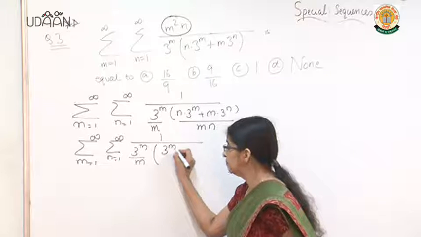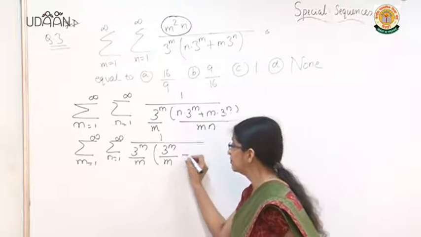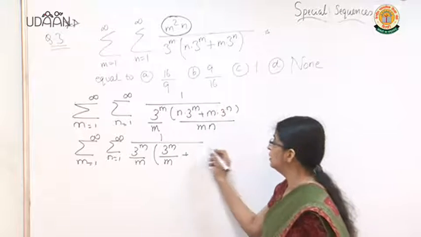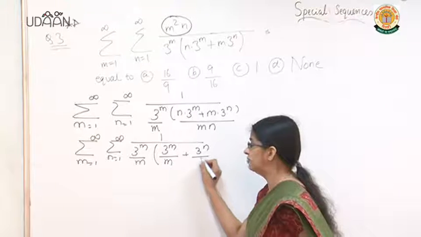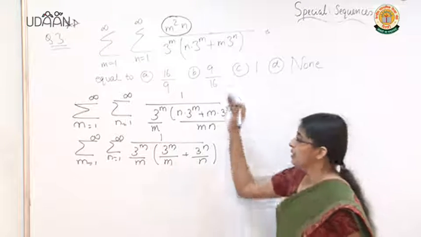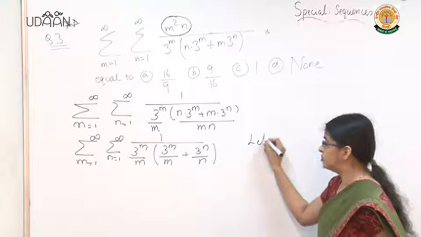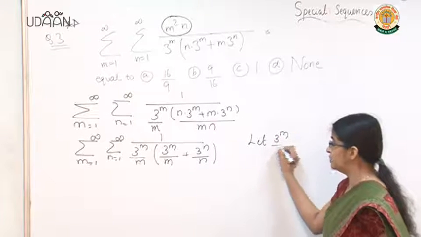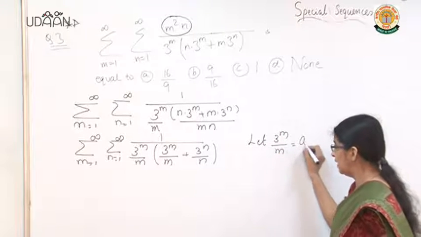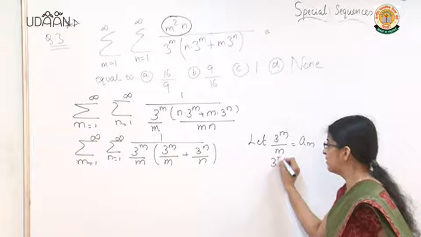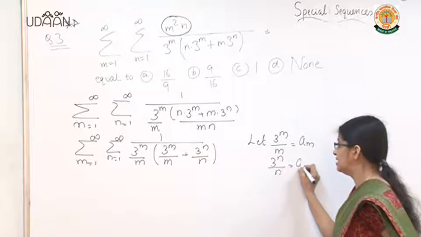First term: 3 power m divided by m; here m cancels, and 3 power n divided by n. Now, just to make the calculation simple, I am taking 3 power m divided by m as a_m and 3 power n divided by n as a_n.